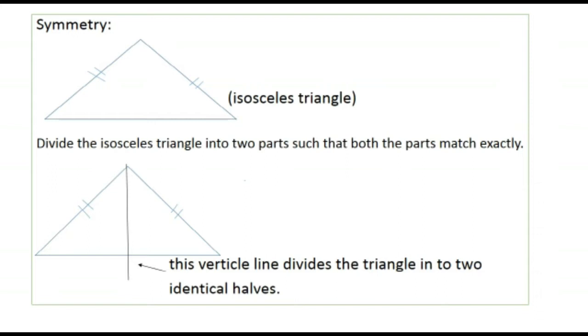You can see in this slide the first figure, which is an isosceles triangle. If I ask you to divide this isosceles triangle into two parts such that both the parts match exactly or overlap each other.